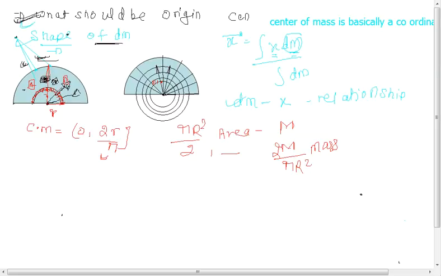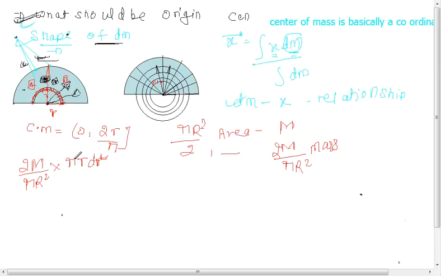So this mass will be 2m by pi r square into pi r dr, because this is the semicircular ring, so its length will be pi r.